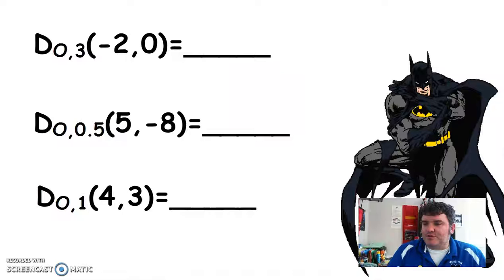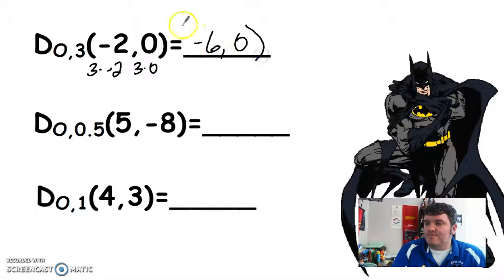So let's start with just some simple notation. Again, all of these are centered at the origin, so all I have to do is multiply the scale factor. So if I take -2, 0, and I multiply each by 3, I would get -6, 0.